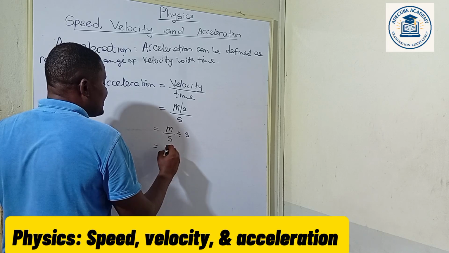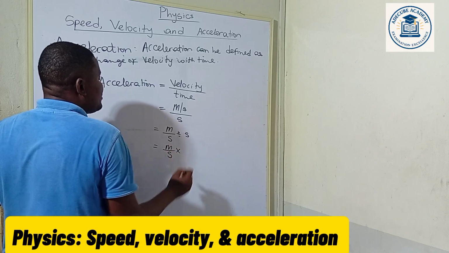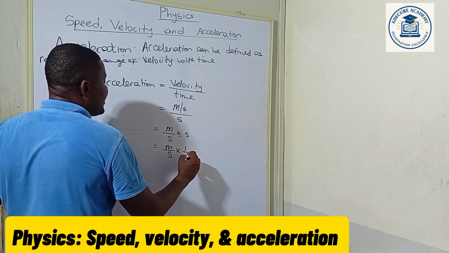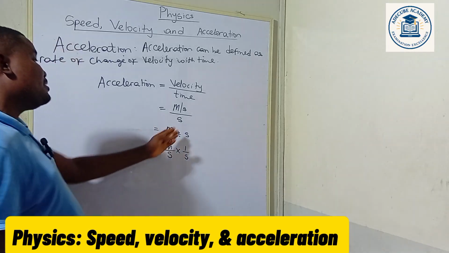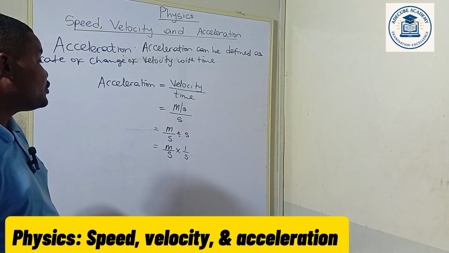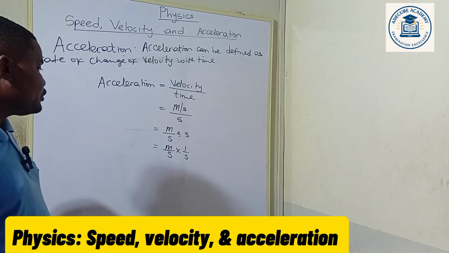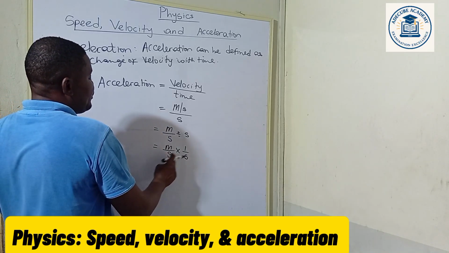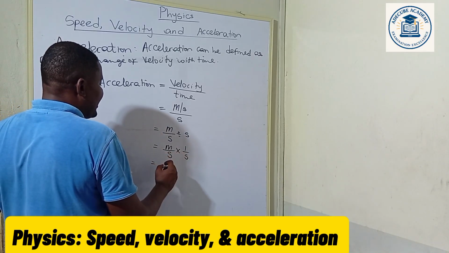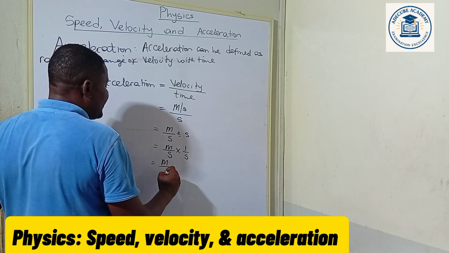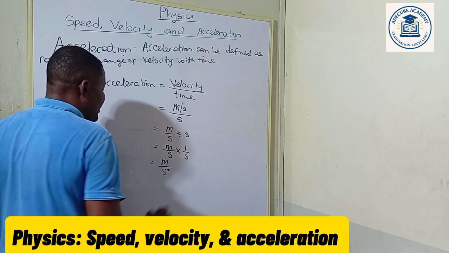We can break it down like this: meter per second multiplied by 1 over second. Remember, in mathematics, whenever you change your division sign, you make it reciprocal. So we have meter over second multiplied by 1 over second, which gives meter over second squared.